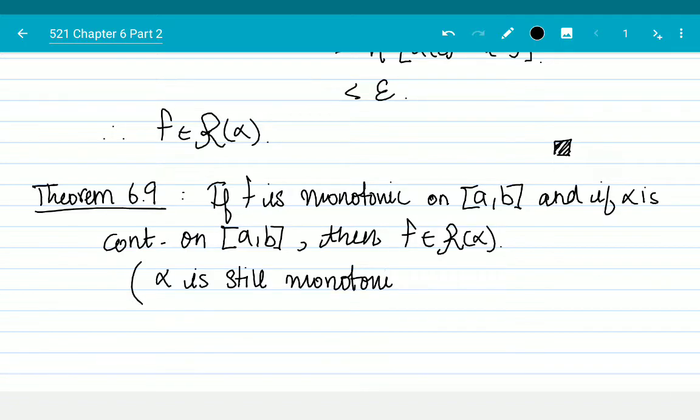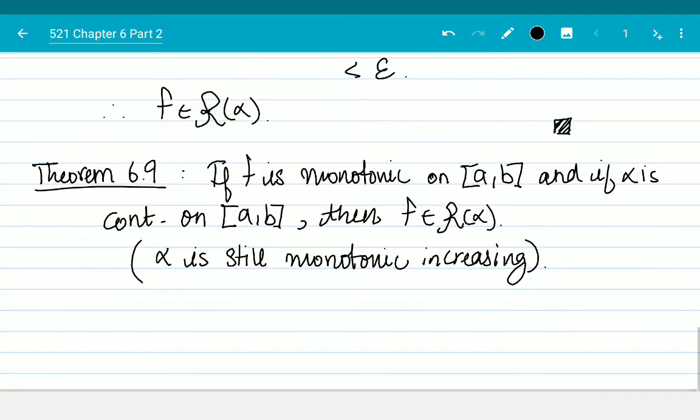In fact, we were assuming monotonic increasing rather than just monotonic. My alpha is always going to be monotonically increasing. Proof.